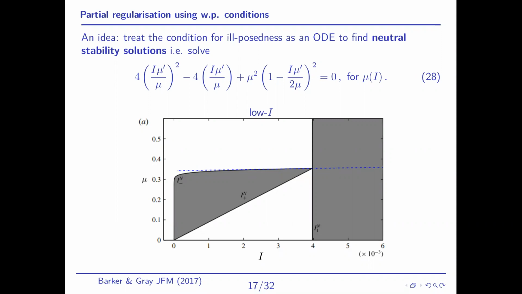So let's trust that all the way to the edge until we become ill-posed, and use that then as a boundary condition. Remember, we've got d mu by di terms in here. So really you can think this equation 28 is like an ODE for mu as a function of I. And so I used just their value at the edge when we first become ill-posed as a boundary condition and solve. And it turns out there's two solutions, and you can see them here.